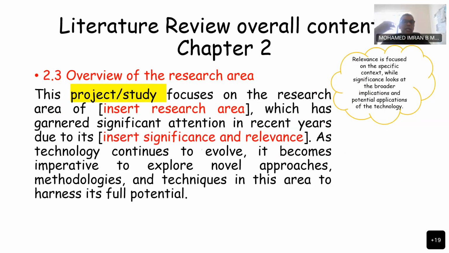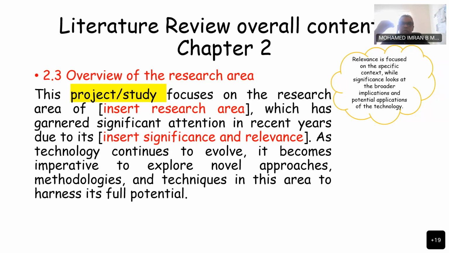Again, in the introduction section, maybe I forgot to mention this. When we say overview, overview means the introduction first. Before you start explaining a subchapter, first you have to tell the reader what you are going to say. What is this 2.3 all about? Because you are going to have subchapter 2.3.1, 2.3.2, 2.3.3.